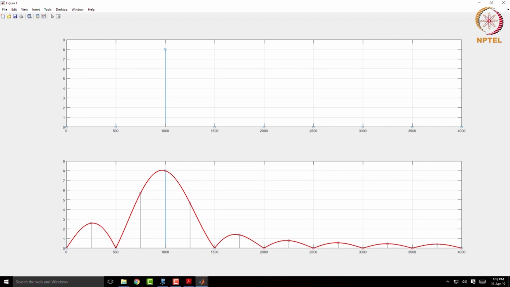So, this is the DTFT, and clearly you are able to see that the samples are indeed the samples of the DTFT.